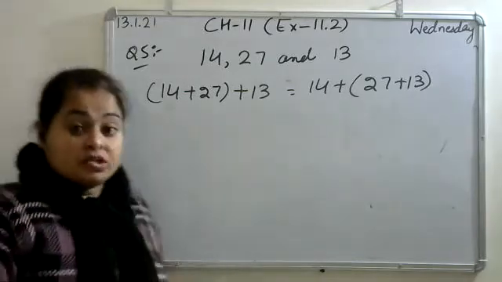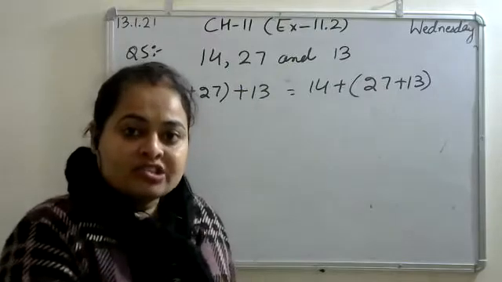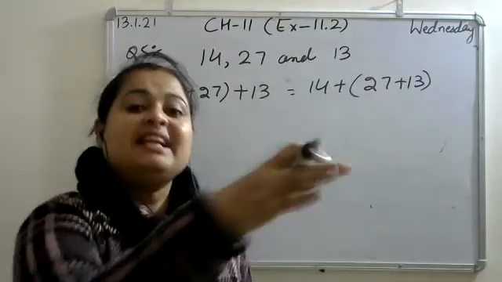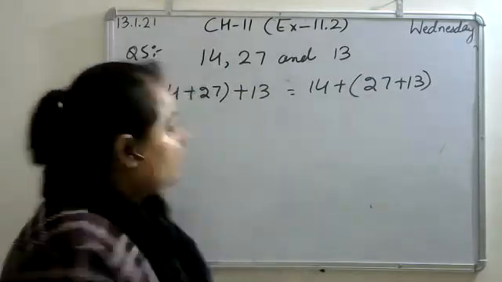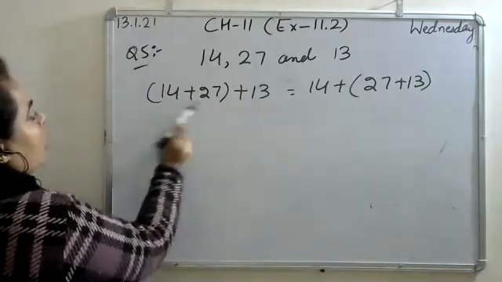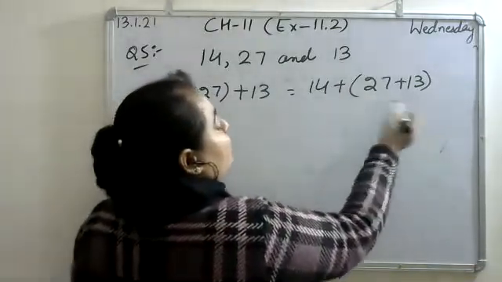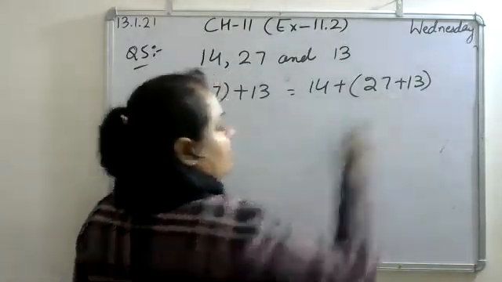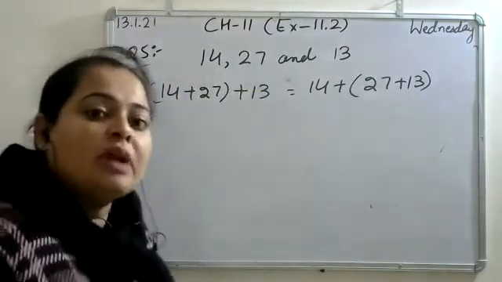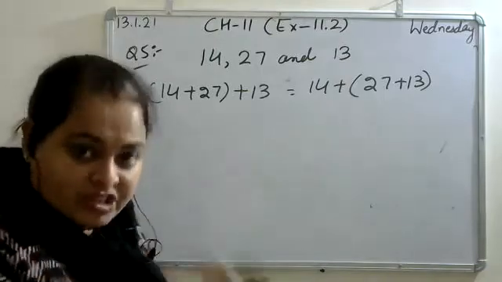Group change. The position of the numbers will not change, only the group changes. Here, in a group, we have 14 along with 27, and on the right-hand side, we have 27 with 13.